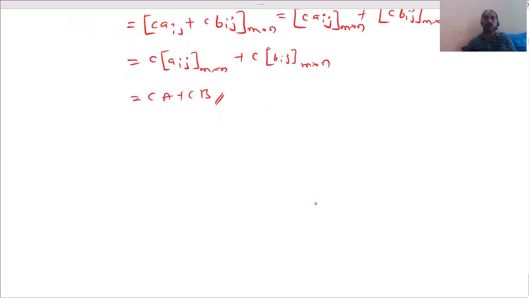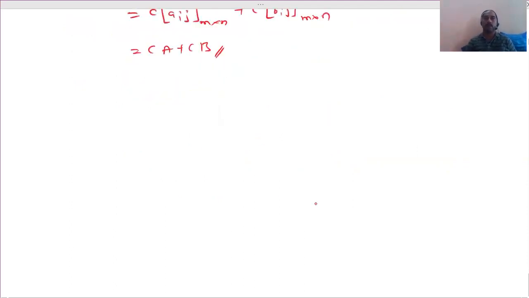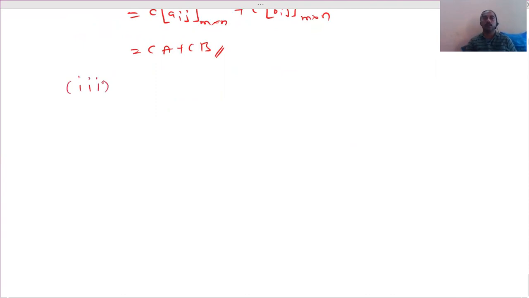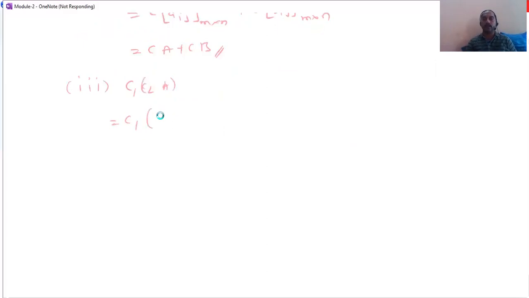Next, third property. C1 C2 times of A equal to C1 times of C2 A, sending C2 inside.